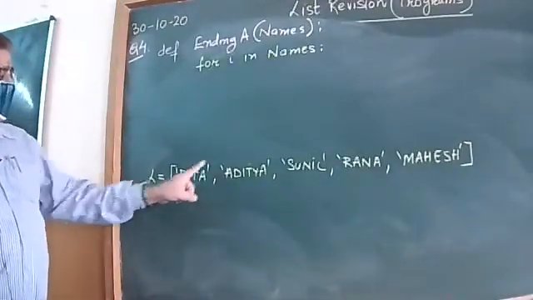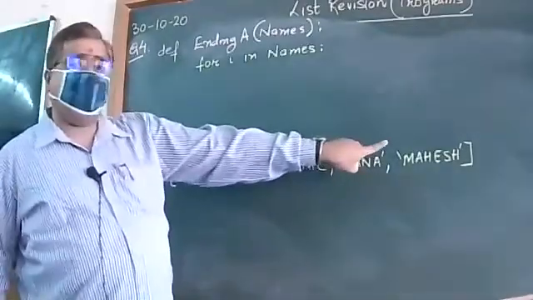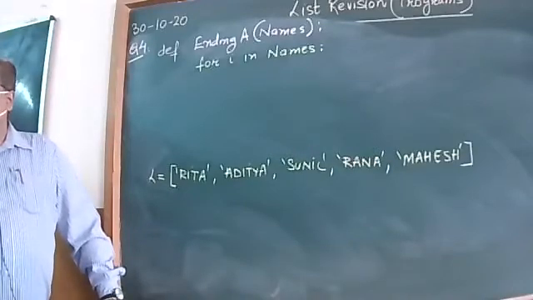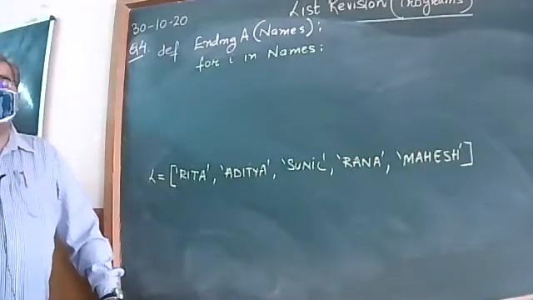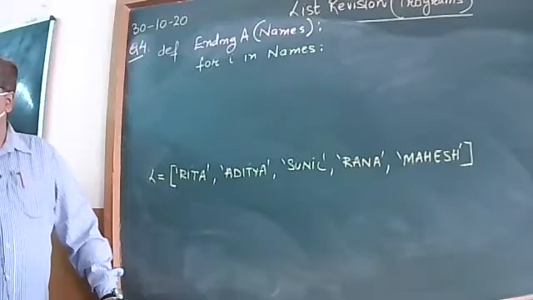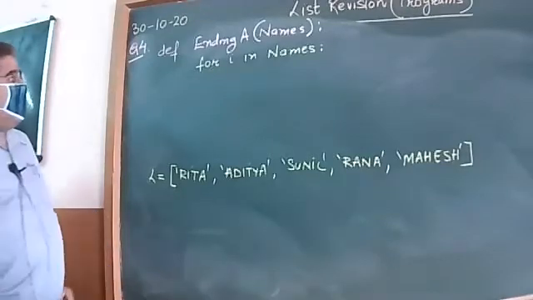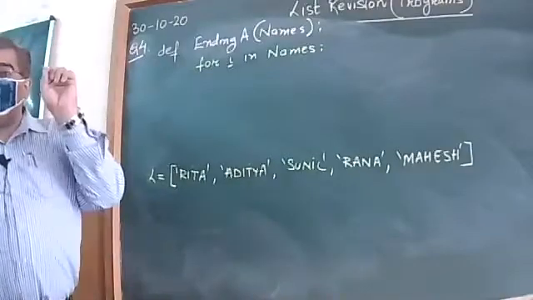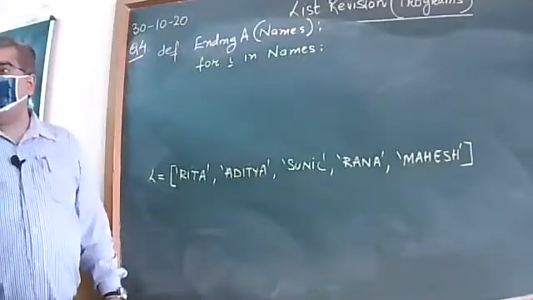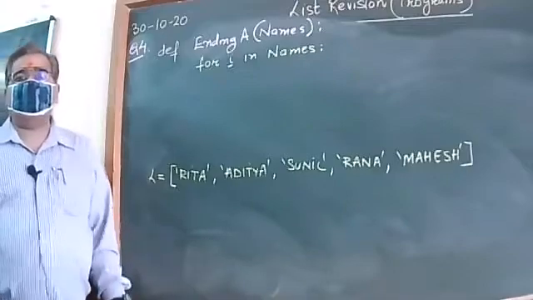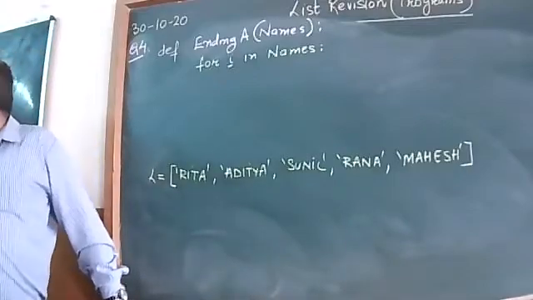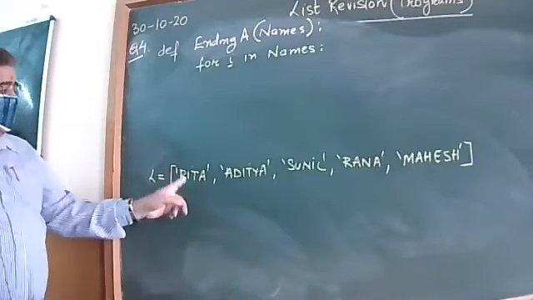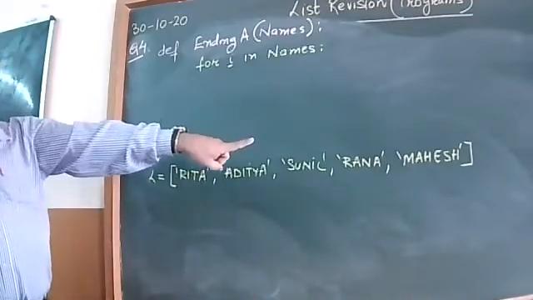I have Rita, Aditya, Sunil, Rana, and Mahesh. These are my given strings in the list. Now this I represents each string. What is the first string and which is the last? First is Rita. The last string will be Mahesh.